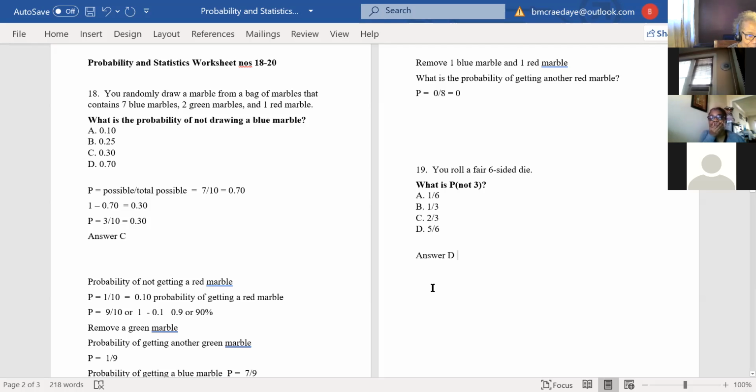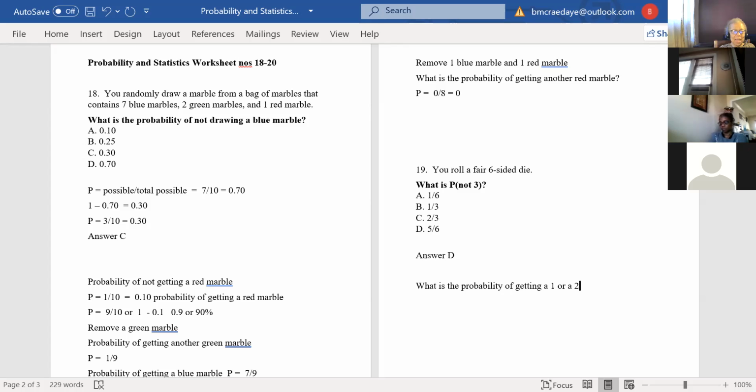What's the probability of getting a 1 or a 2? This is on the die.